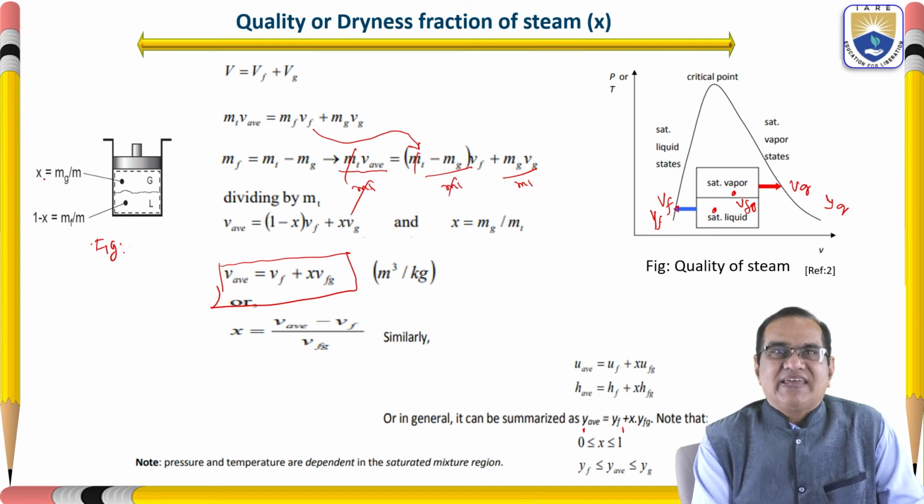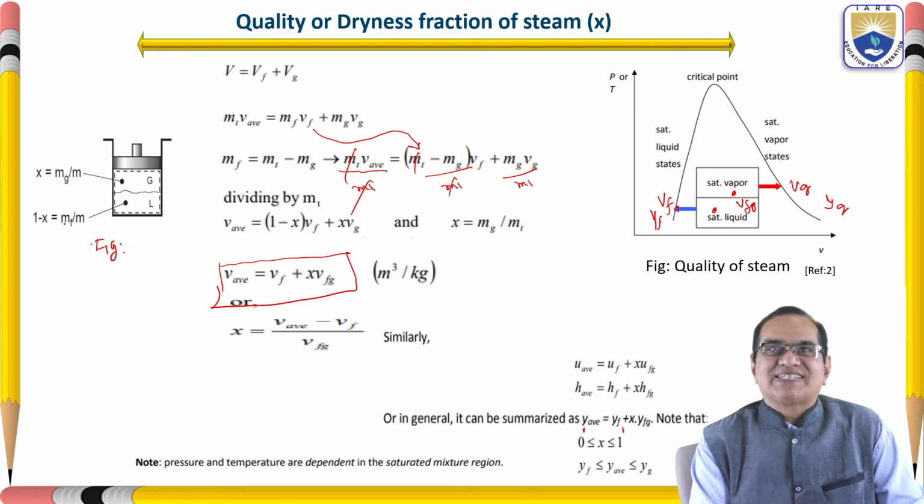So gas is x, mg by m, and in the liquid it is 1 minus x, it is mf by m. So that is the difference. We have to be very careful about how much percentage of gas. If it is 100%, there will be full gas, and if it is 0, there will not be any gas. So x is equal to mg by m, and 1 minus x is equal to mf by m.